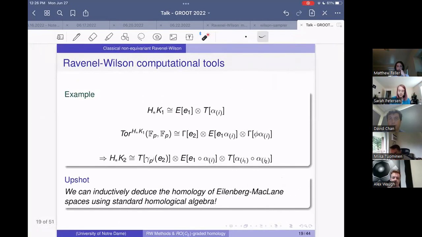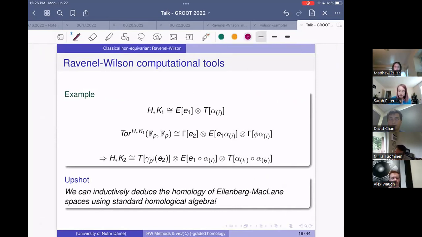And with this, Ravenel and Wilson are actually able to identify everything that is in the Tor term in terms of circle products of elements in homology that they already know.